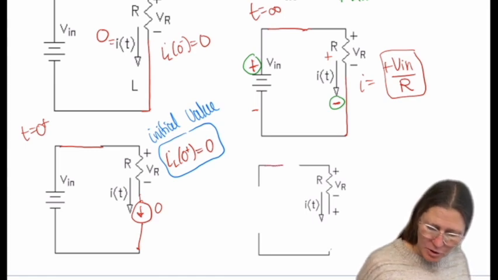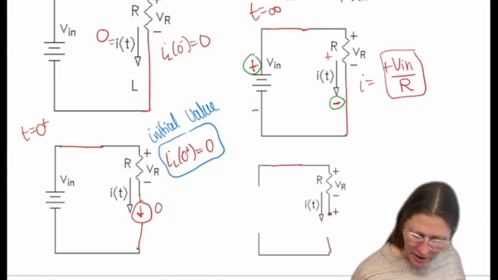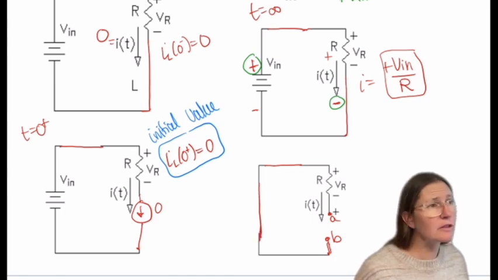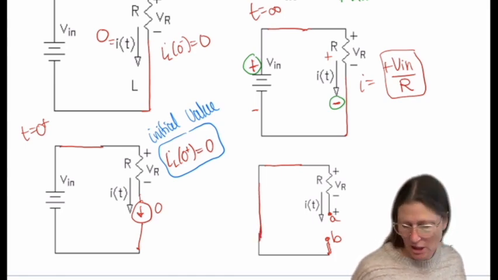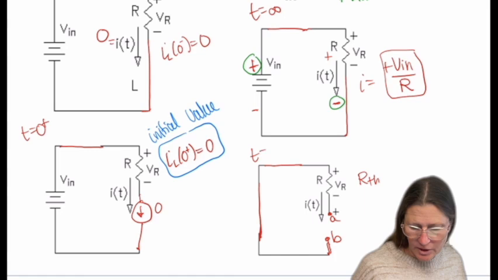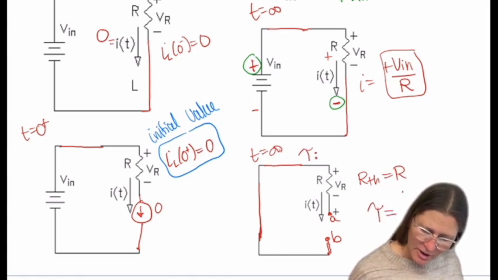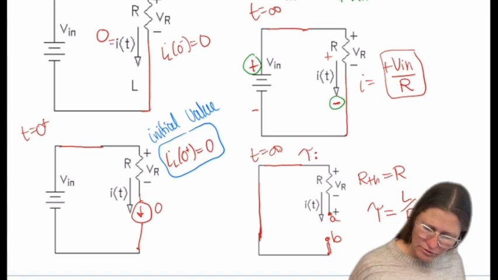And then for this one, I put A on one side and B on the other, and then I short the voltage source, so my RTH for tau. So again, this is at final, and so to find tau, RTH is R, and tau is L over RTH.